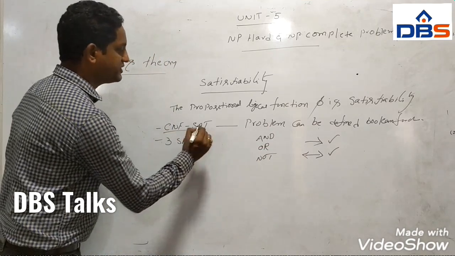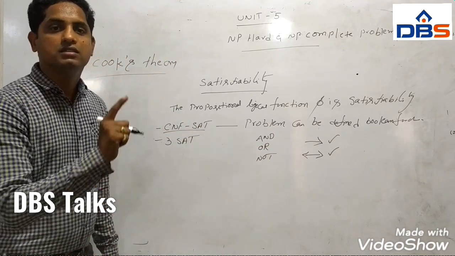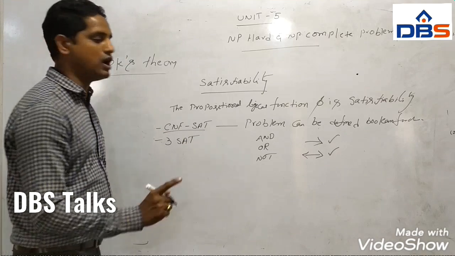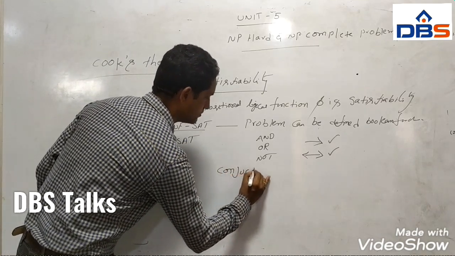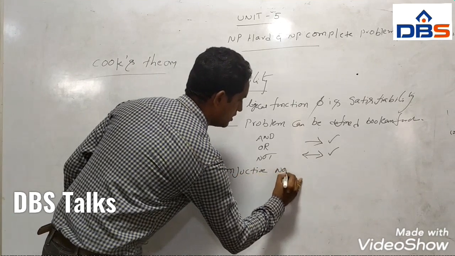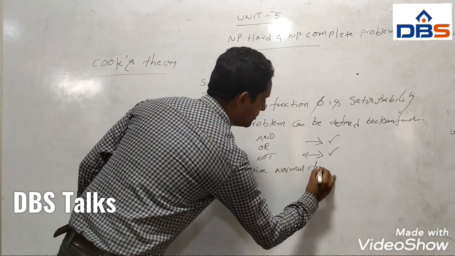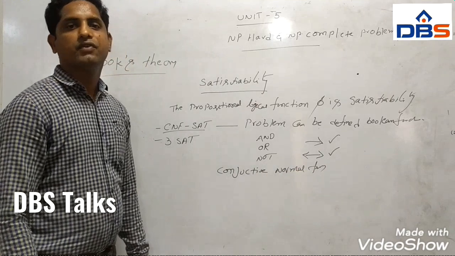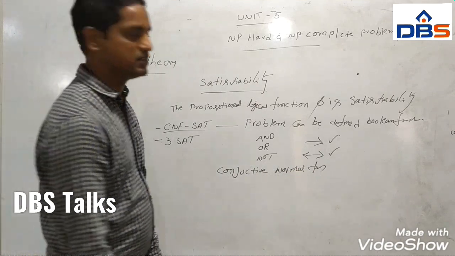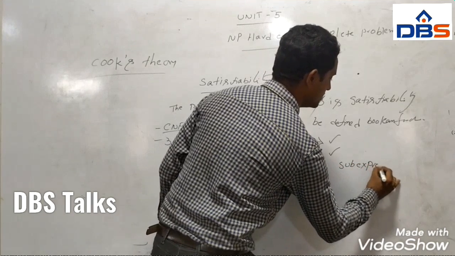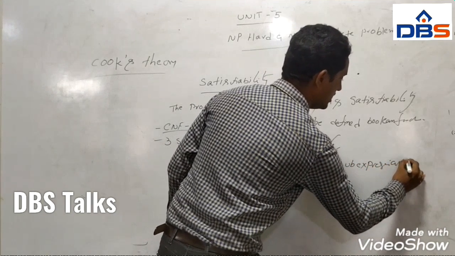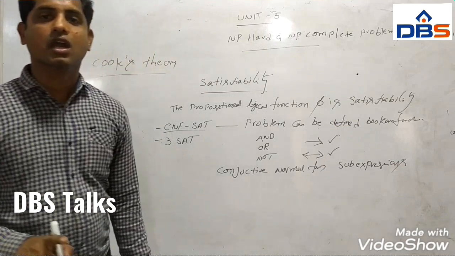See, the CNF SAT. The CNF SAT is the conjunctive normal form satisfiability problem. It has defined different types of sub-expressions. The sub-expression is called a clause.